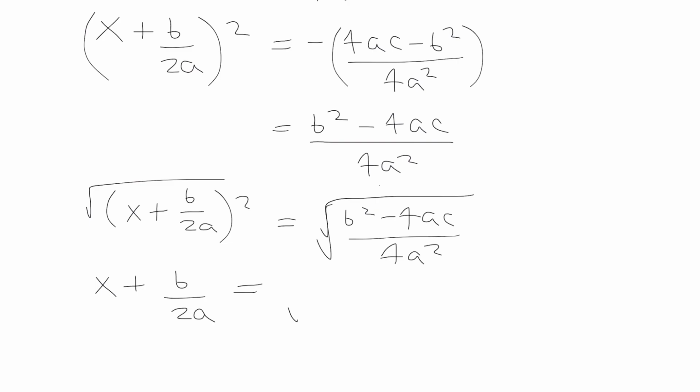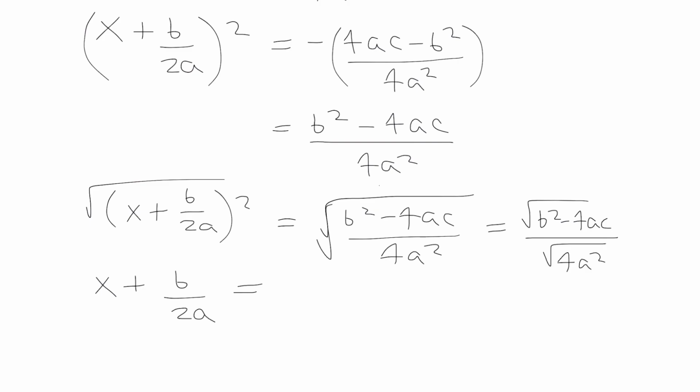And we have the square root of, actually, I'll just write this on the side. This square root on the right-hand side is the square root of b squared minus 4ac over 4a squared. If you remember the rules of square roots, we can rewrite this as the square root of b squared minus 4ac over the square root of 4a squared.